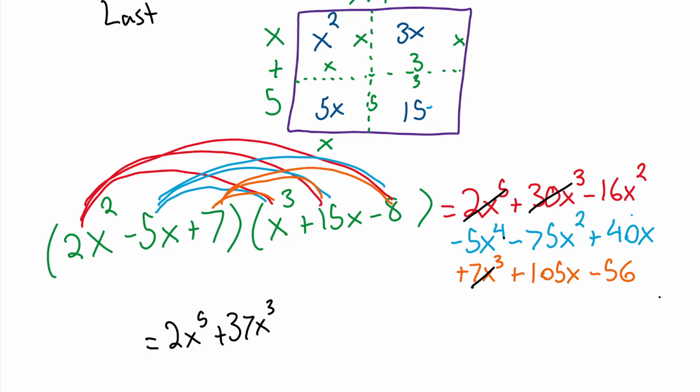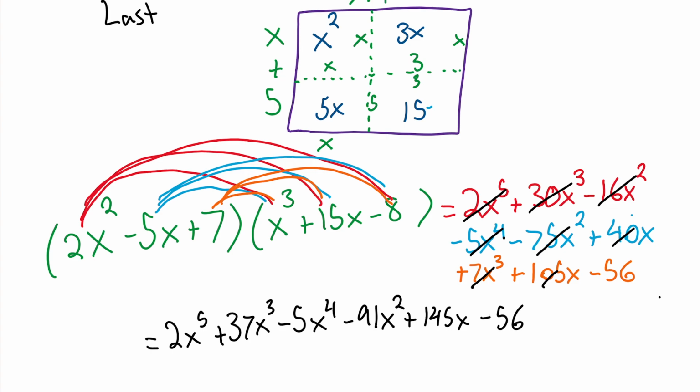I do have an x to the fourth term, which I missed. You don't necessarily have to write these in descending order, even though it is usually preferred. X squared terms, we have two of them, negative 75 and negative 16, so it's going to be negative 91x squared. Plus 145x minus 56. So hopefully I didn't make any arithmetic errors.